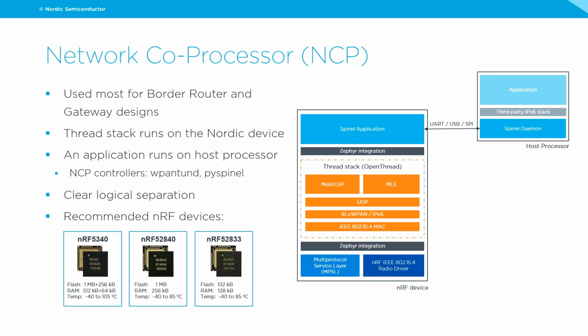The host processor communicates with the Nordic device through a serial interface, such as UART, USB, or SPI, using what we call Spinel protocol. In this design, the host controls the Thread device and communicates with it using full IPv6 packets. This architecture is useful for gateway devices or devices that have other processing demands, like speakers or IP cameras.